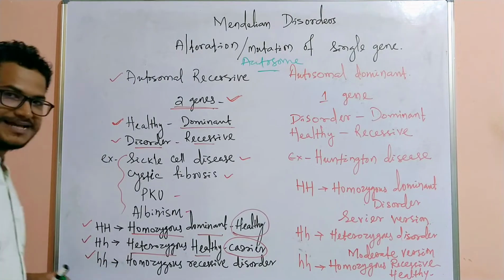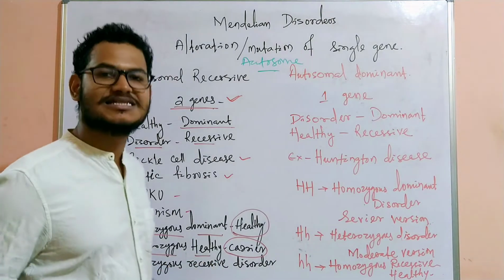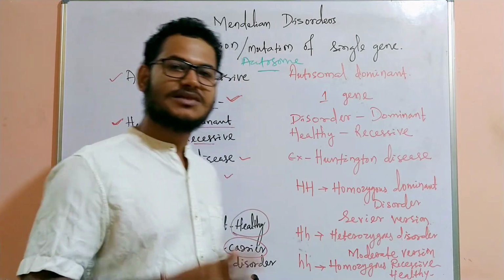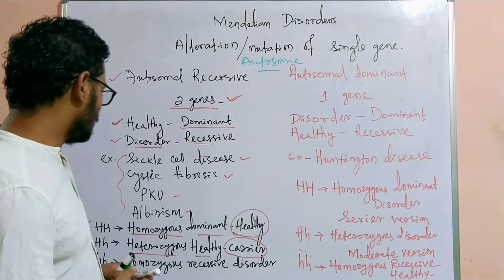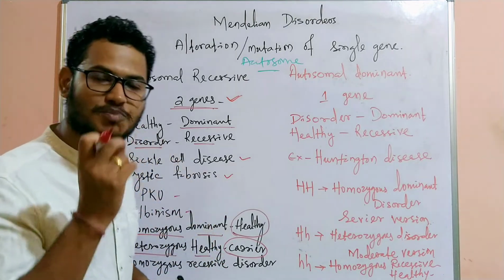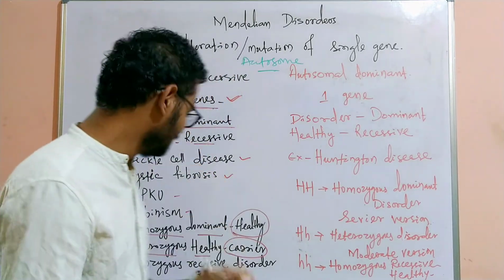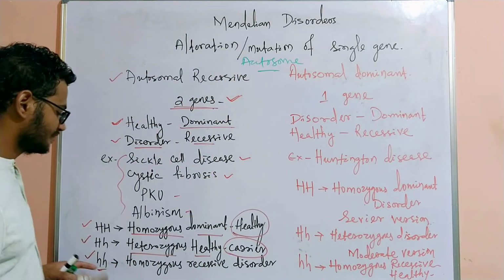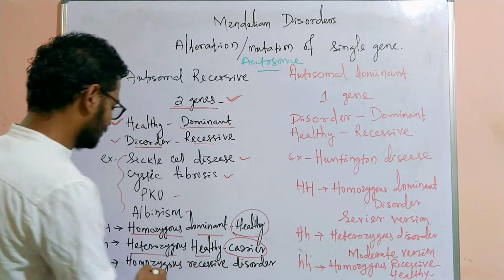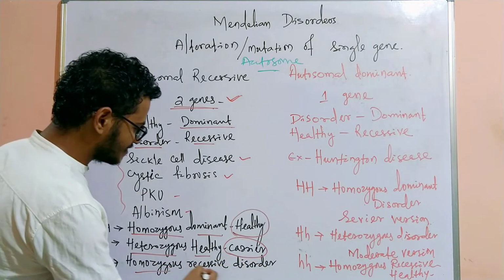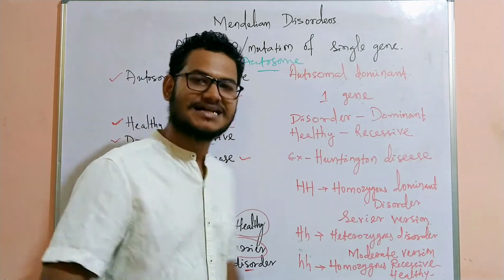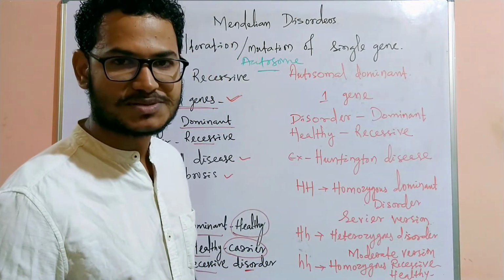Finally, small h, small h means homozygous recessive. Here the offspring is affected because both parents have affected genes. So in this case the condition will be homozygous recessive, and the disorder is seen in the offspring.